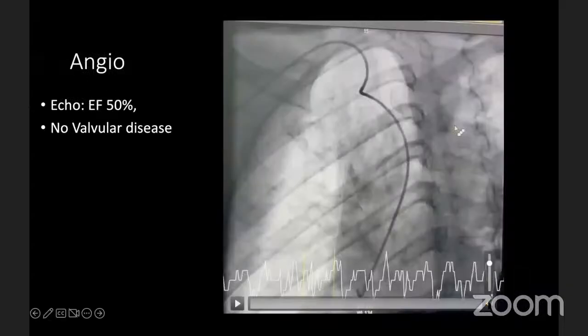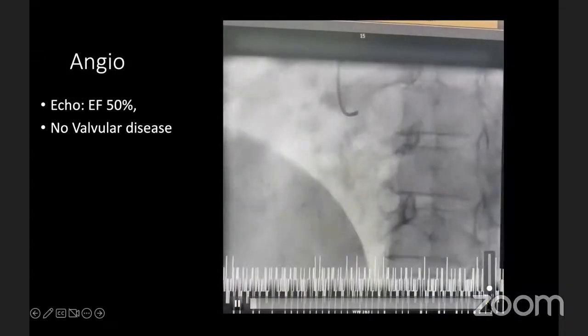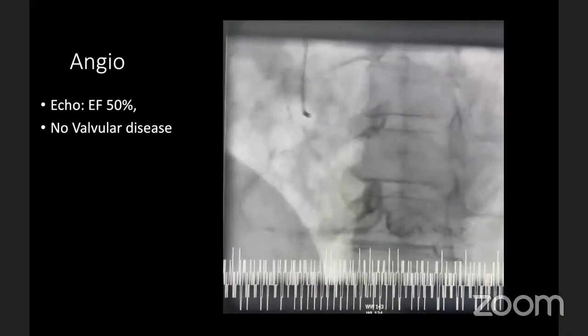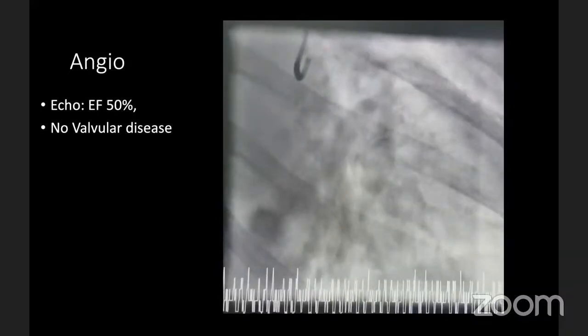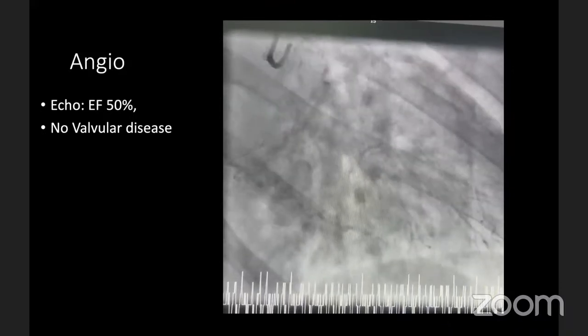This is the angiogram for this patient. So it was sent to the cath lab. Let me know if you want me to go back.